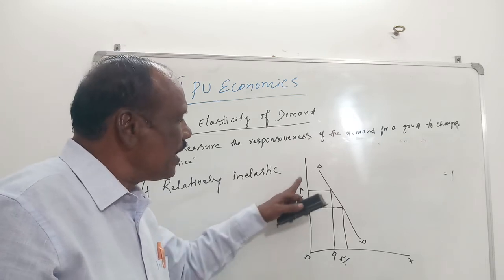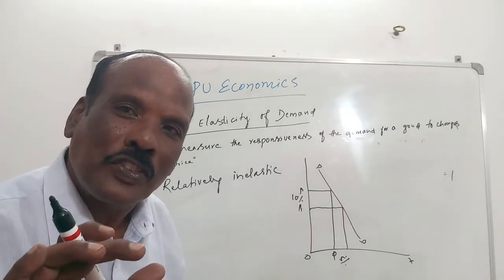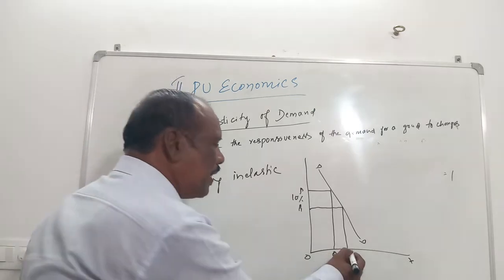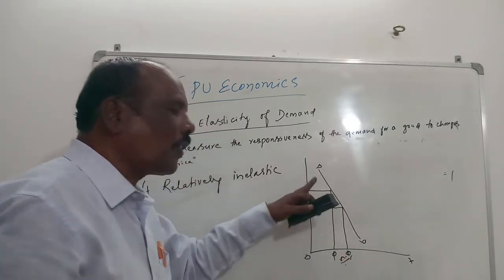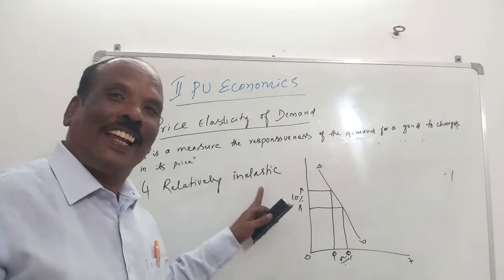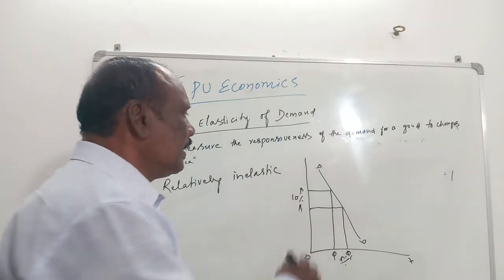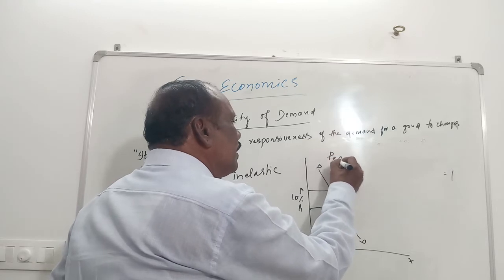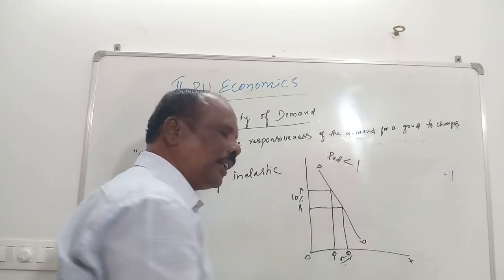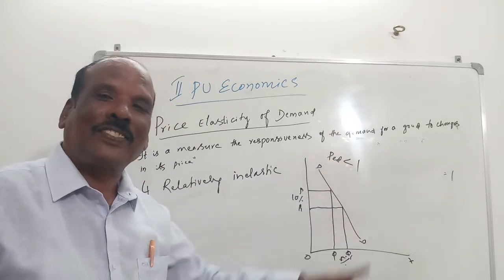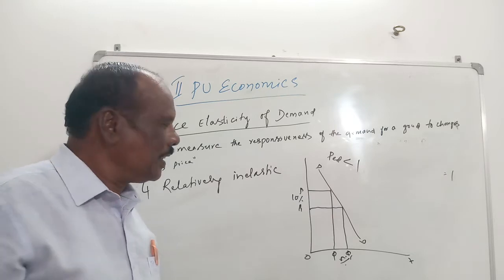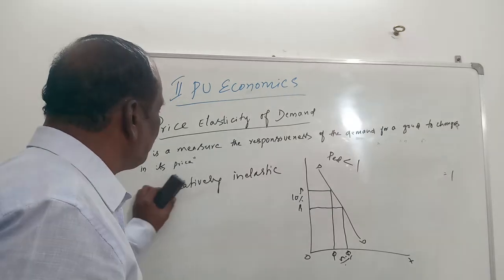See, 10% change in price leads to a smaller change in quantity demanded. So this is called relatively inelastic. In this case, demand curve is steeper. Here, PED is lesser than 1. Right. Coming to the last one.